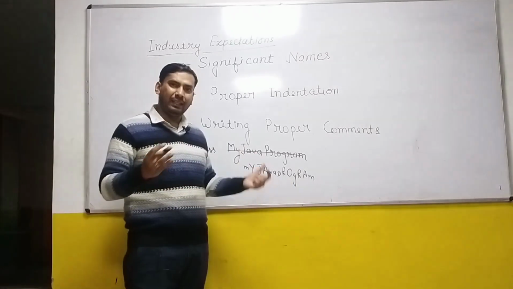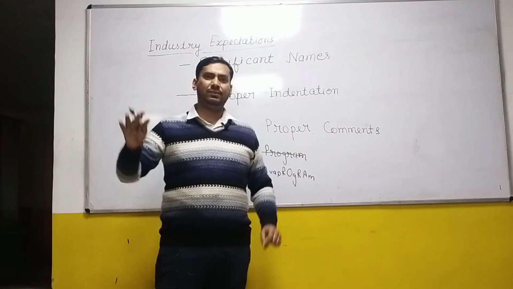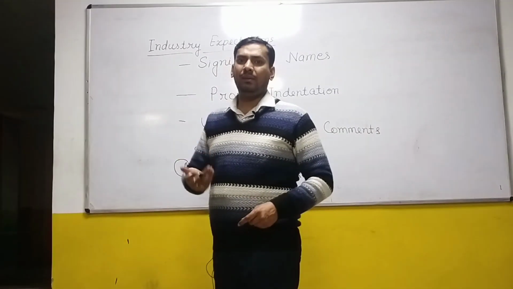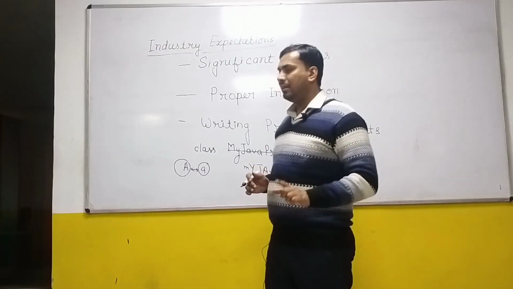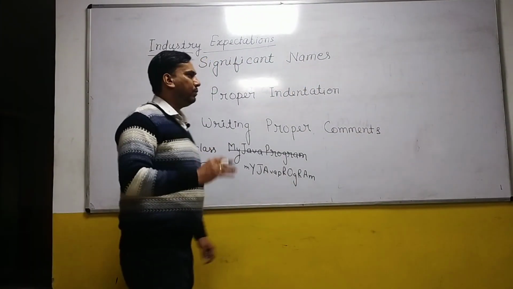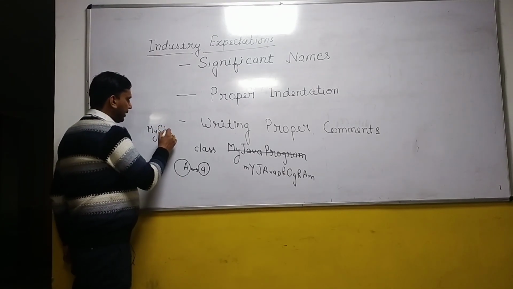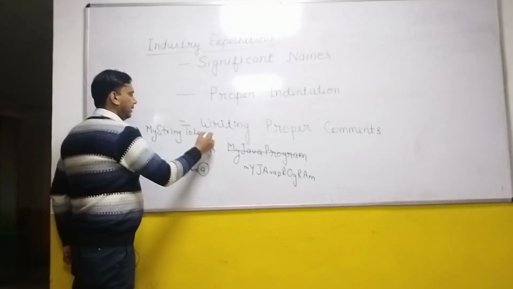So that's why a naming convention has been decided. Now I blindly use any class from Java library or any other. Let's say you have created a class, let's say my string tokenizer. So I know that you have followed the class naming convention, so you must have written it in this manner, MyStringTokenizer. That's it.